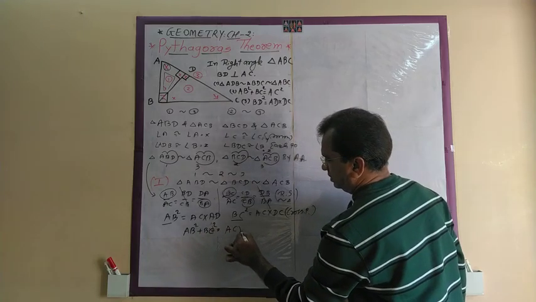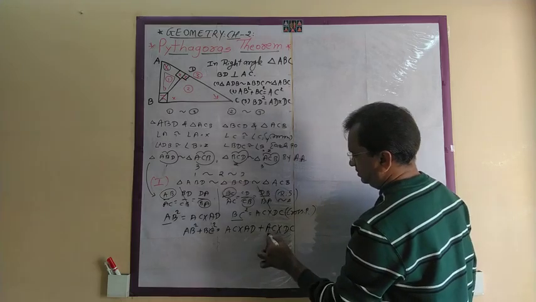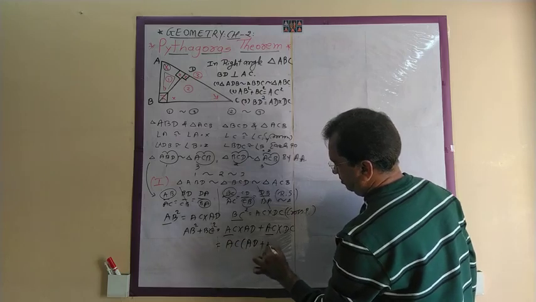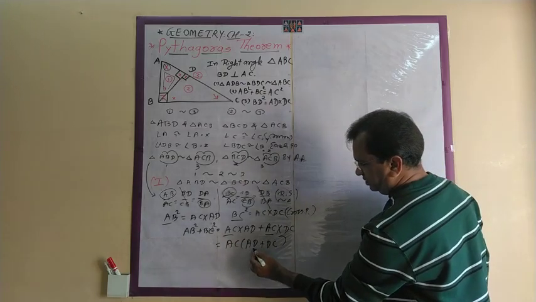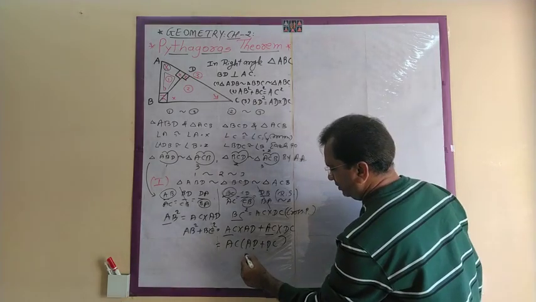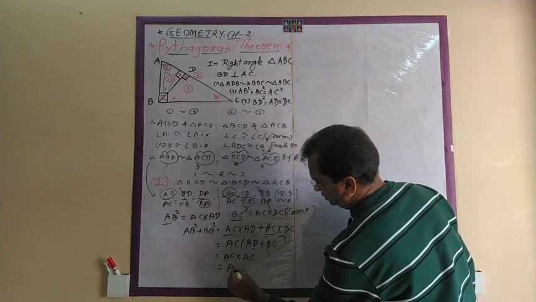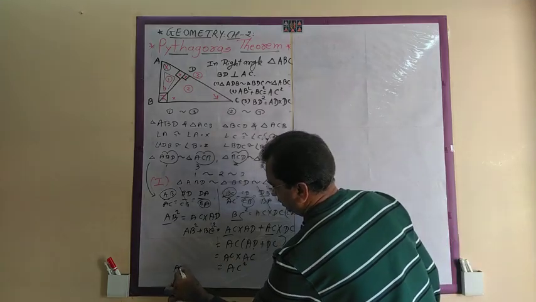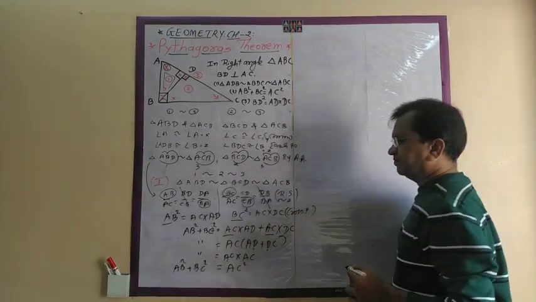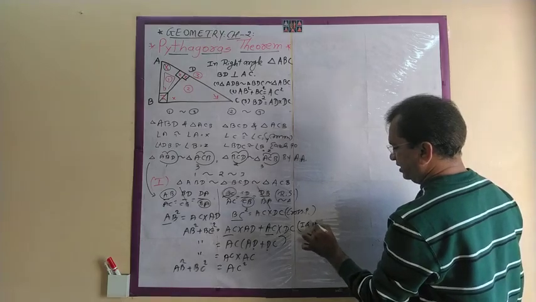Here AC into AD plus AC into DC, AC into AD plus DC. Now in the addition, the segment which is common, you have to take out. So AC, so this is AC square. So AB square plus BC square is equal to this. This you are getting by cross product, by adding first and second.